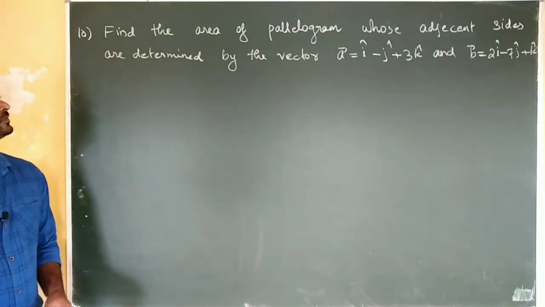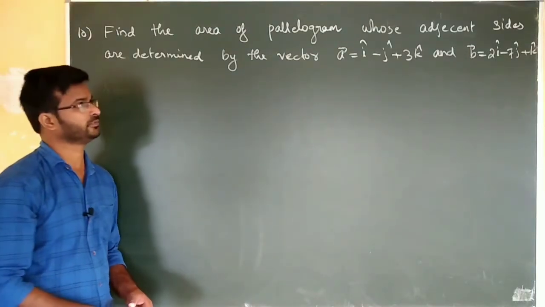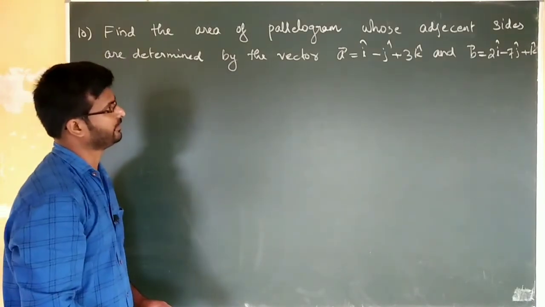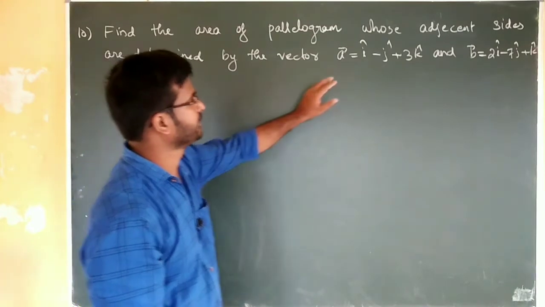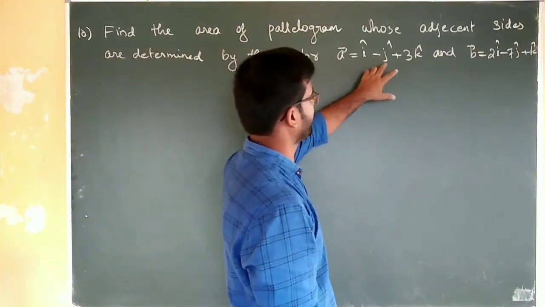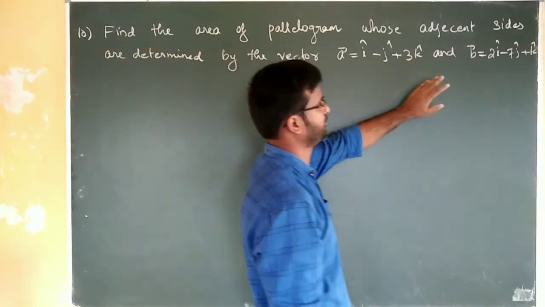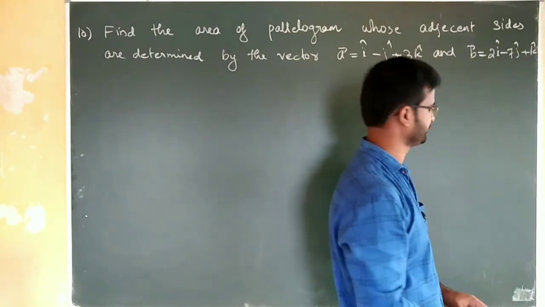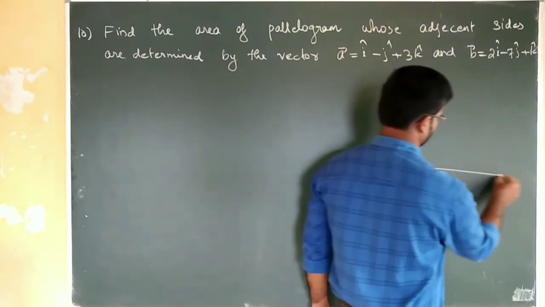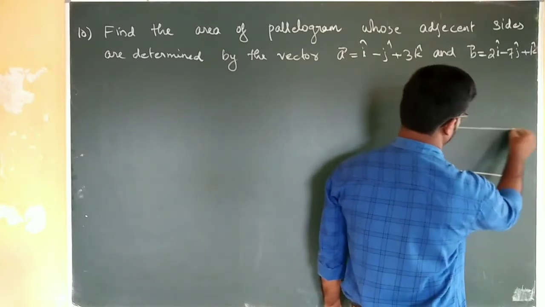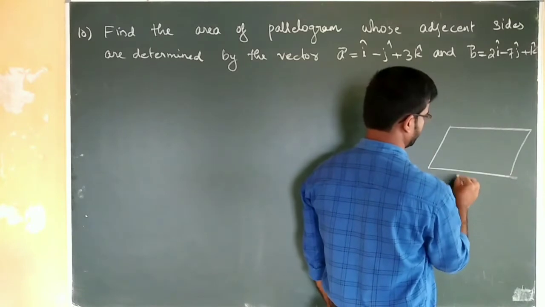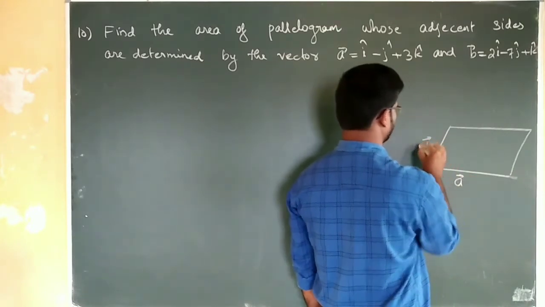Now question number 10. Find the area of the parallelogram whose adjacent sides are determined by the vectors A vector equal to i minus j plus 3k and B vector equal to 2i minus 7j plus k. Parallelogram, the adjacent sides given are A vector and B vector.